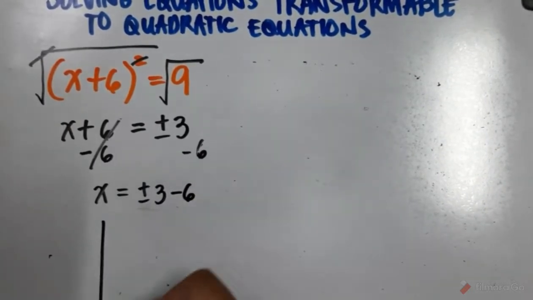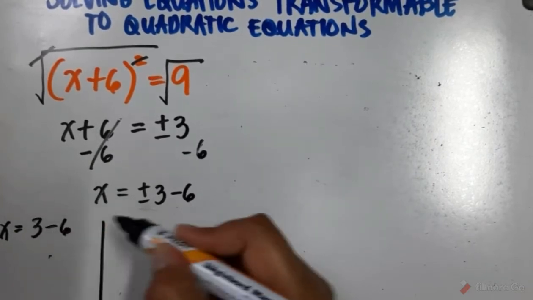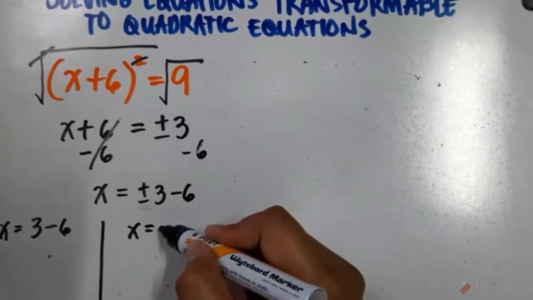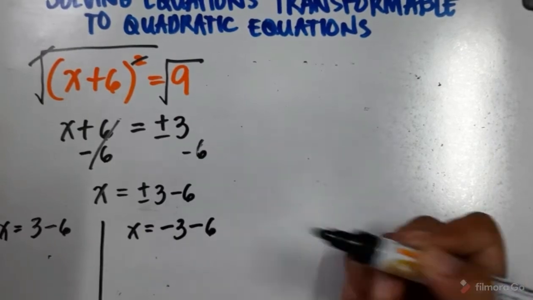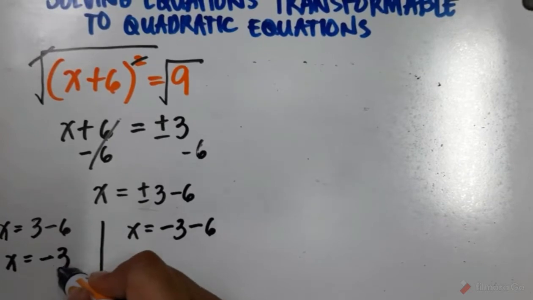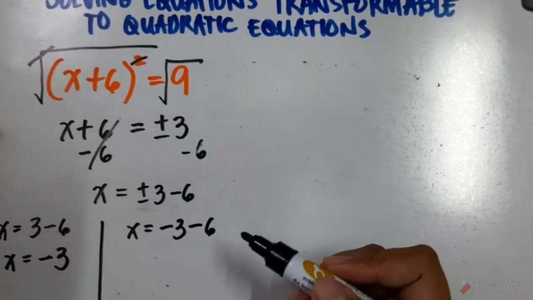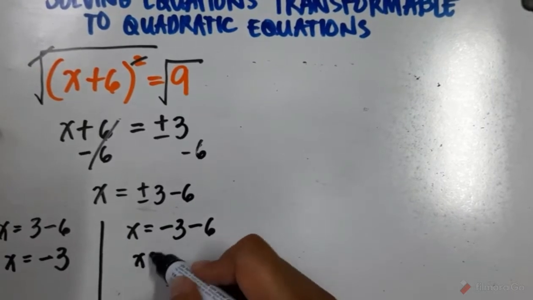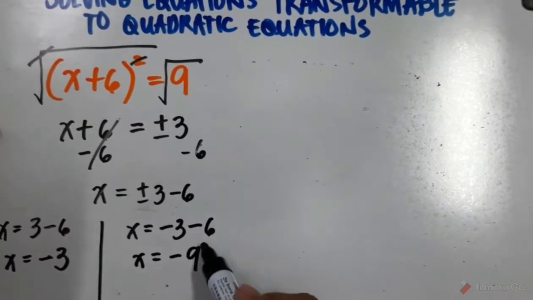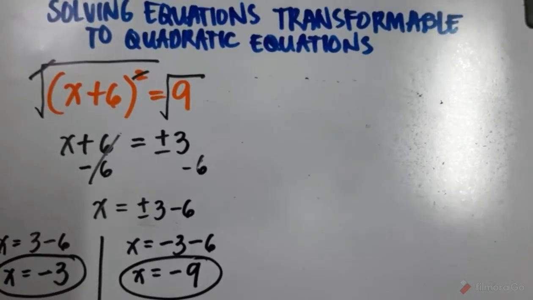Let's separate: x is equal to positive 3 minus 6 and x is equal to negative 3 minus 6. 3 minus 6 is negative 3, so x is equal to negative 3. And negative 3 minus 6 gives x is equal to negative 9. So these are the two solutions for this given equation.